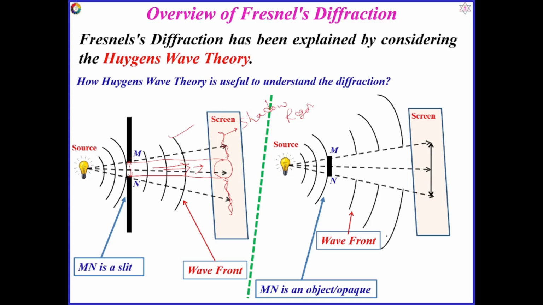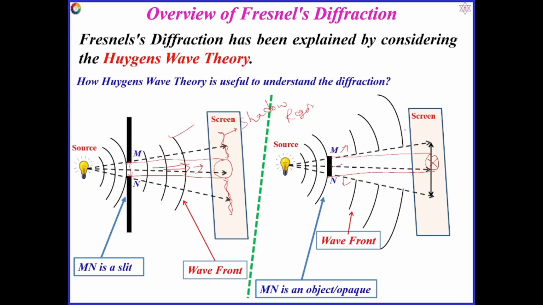Likewise, for this case, one can expect that here is the opaque object. If light travels along a straight line path, then this much portion of the screen will not be illuminated by the light, because the object is here, so light will travel above this and below this.